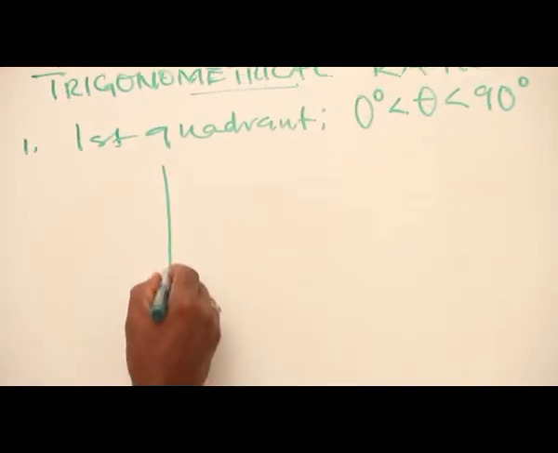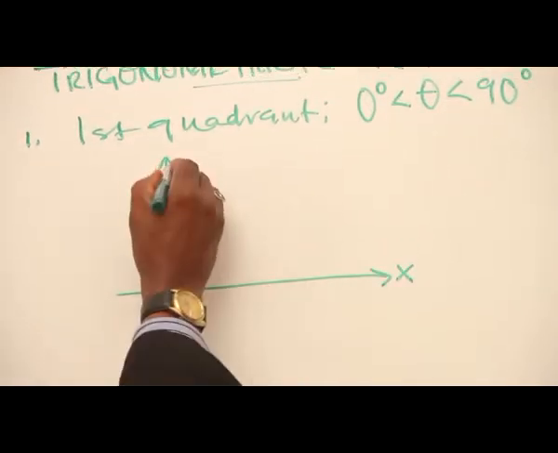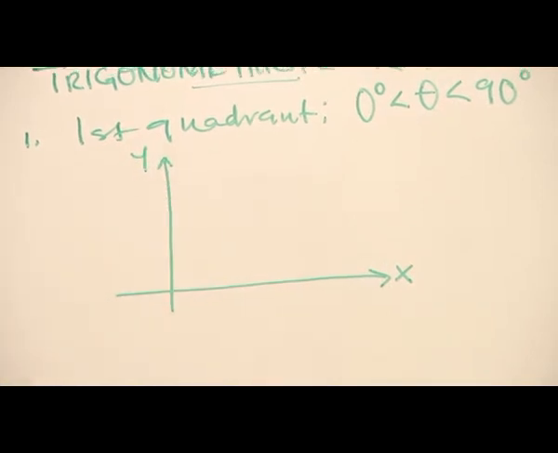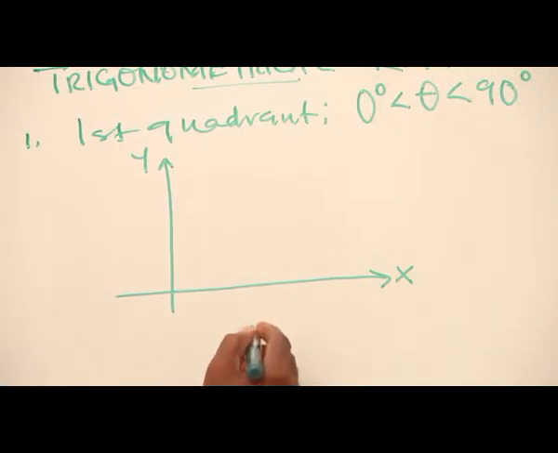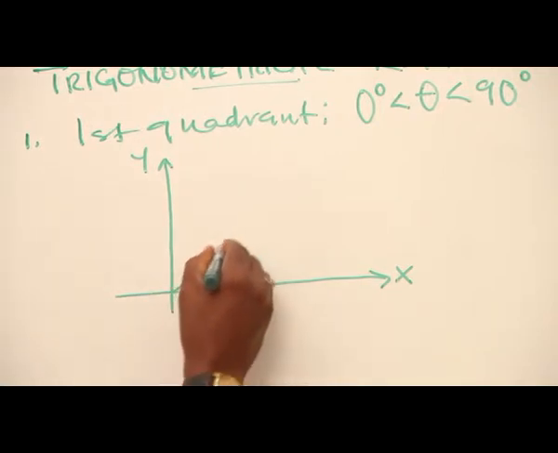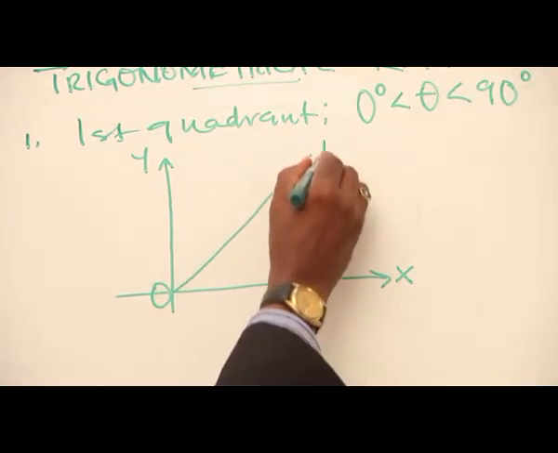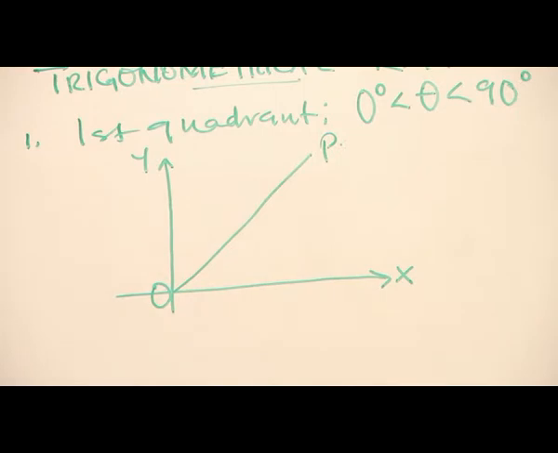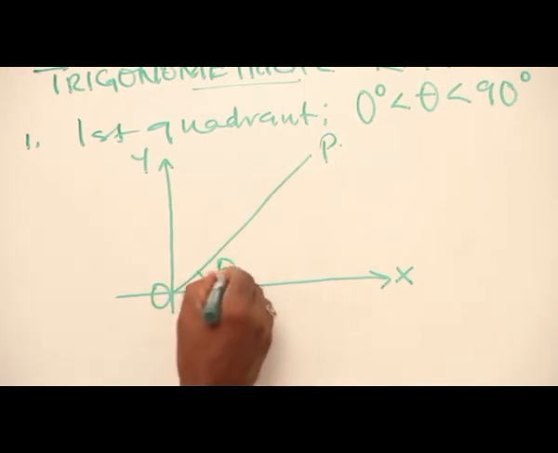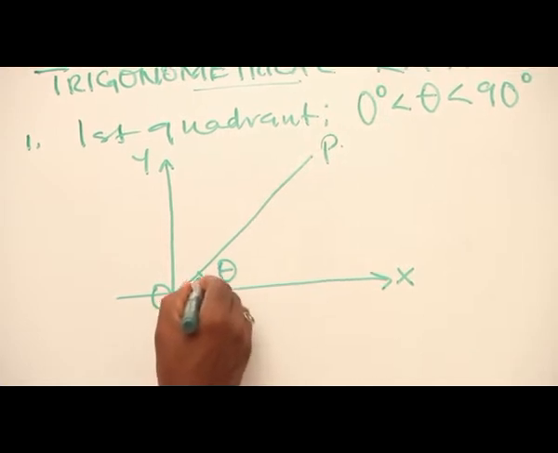We have this figure representing the first quadrant, the axis, and then we have the line OP inclined at an angle theta with the x-axis.